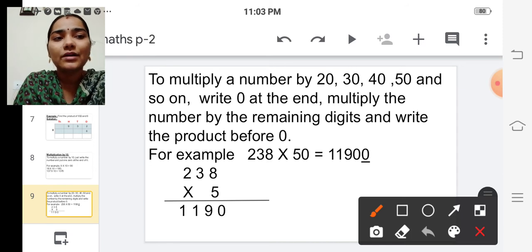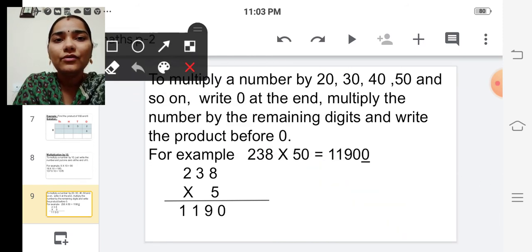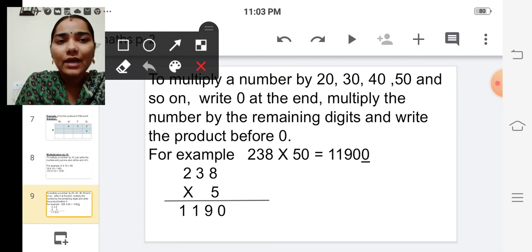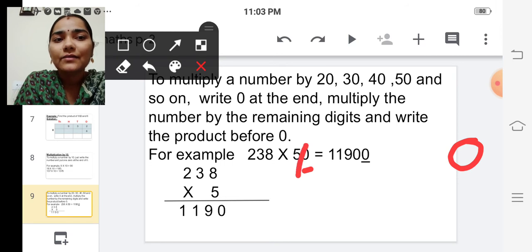So what we have to do? First we have to write 0 at the end in the answer. And then we have to multiply this 238 by 5.